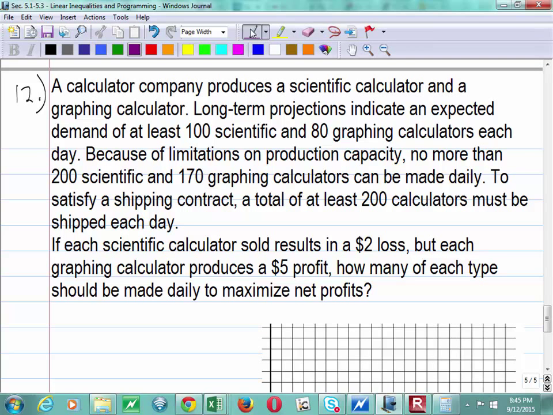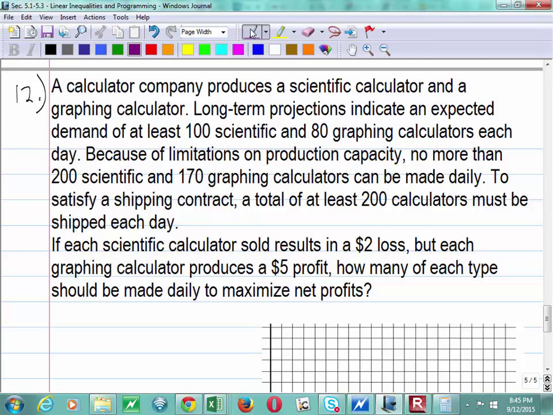They may have a contract with Walmart where they have to make the scientific calculators for a certain price, but maybe by doing that, Walmart agrees to also buy their graphing calculators and sell them for profit, so who knows. Anyway, we're trying to figure out the number of each calculator.